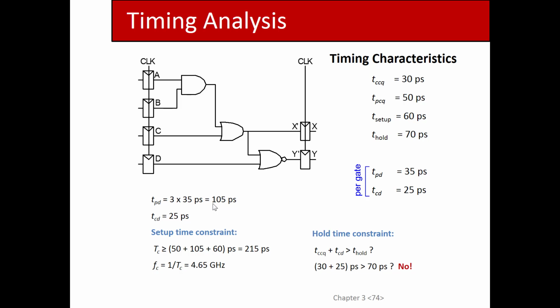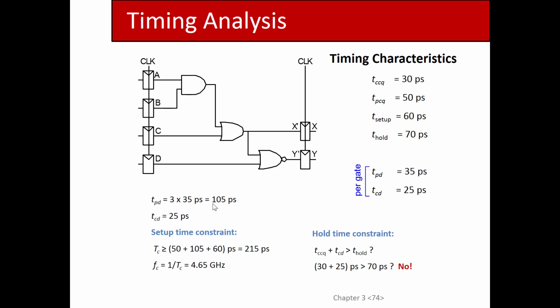So that's 215 times 10 to the negative 12th power. And then you take the inverse of that and you get 4.65 gigahertz, right? So once you find the period, then you can find the frequency by just taking the inverse. Make sense? Okay, so now this is the fastest I can run this circuit.